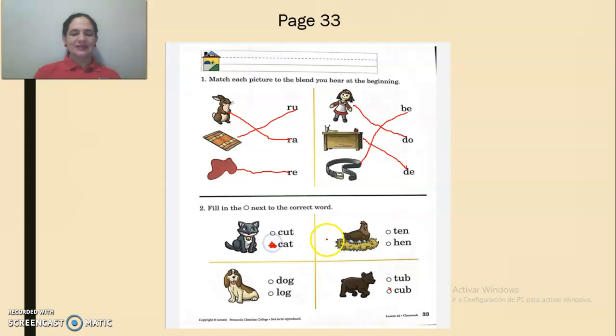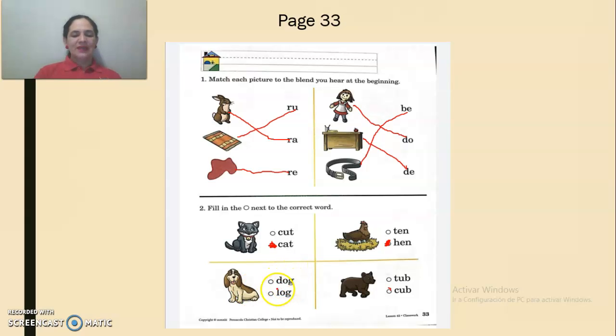Yes, cat. Listen, let's try to read. Ten. Next. Hen. This is a hen. Which is the correct word? This or this? This was a hen, and hen begins with the letter H.